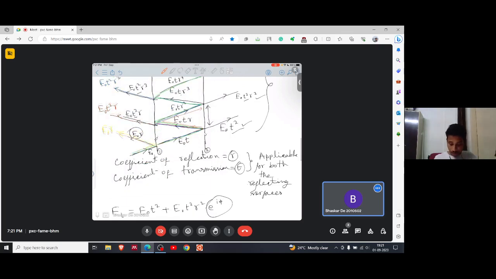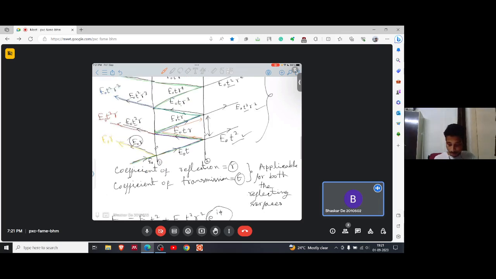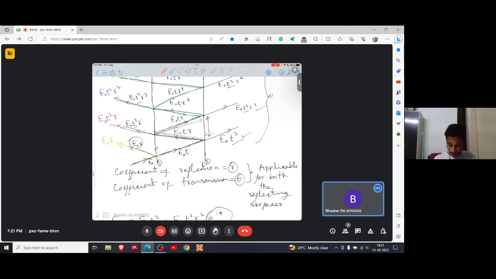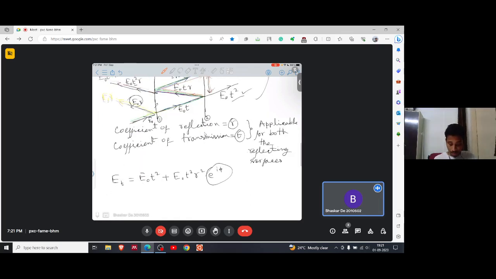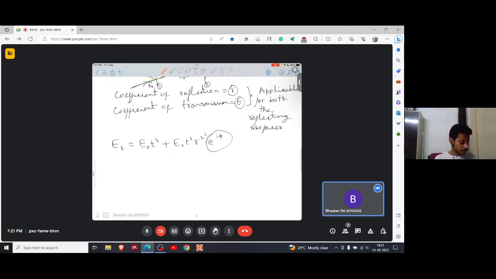Okay, so this path is extra for every beam. So from here to here, the beam is traveling this extra path, so we have to consider that difference.